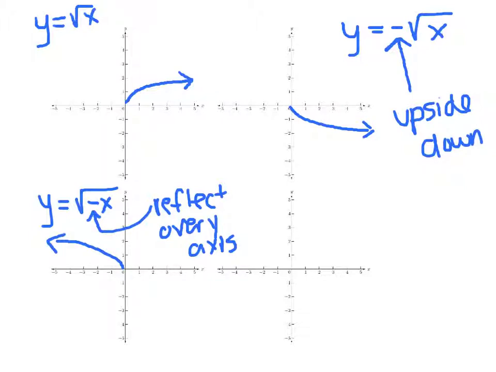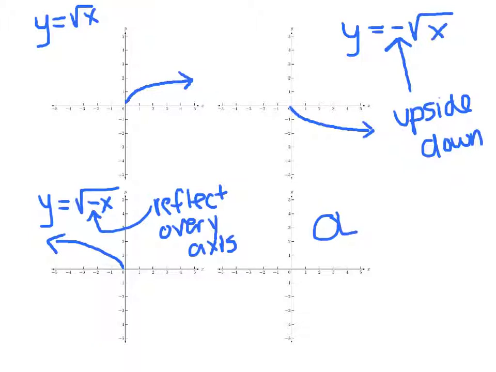So a negative sign reflects it over the y-axis when it's inside. Up here, the negative sign makes it upside down. So depending on where the negative sign is, it reflects over the y-axis or turns it upside down.